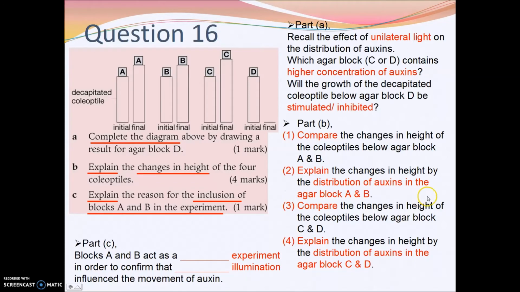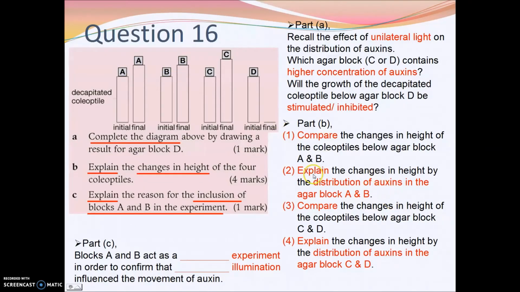For the first 2 parts, it's talking about the coleoptile below the agar block A and B. What you need to do is compare the changes in height of the coleoptiles below agar block A and B, and then explain why the changes in height are the same, because the growth rate is actually the same.